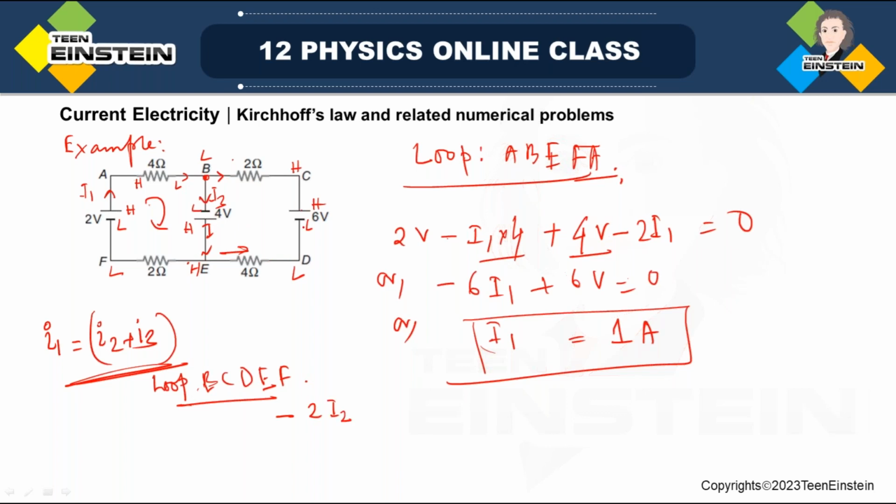Here high to low we are going, so we'll write minus 6 volt. Then here we are going low to high, so minus 4I2, and here it is high to low again, this will be again 4 volt is equal to 0.